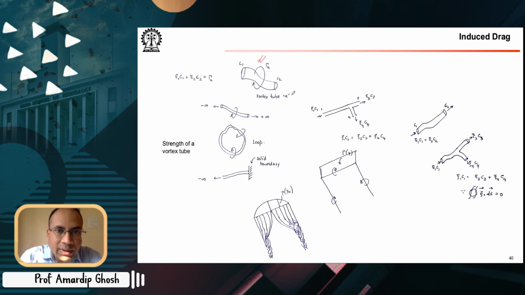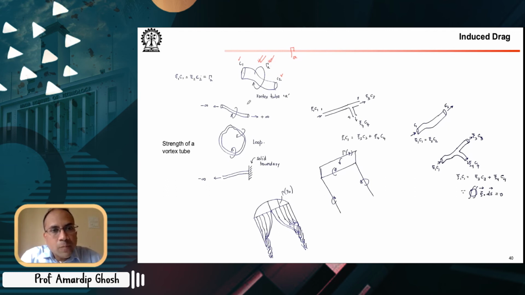I'm calling it A. A vortex filament would just be that your C tends to 0. So here C1 and C2 are finite, and this is a vortex tube of some strength given by the circulation, gamma A. So this is a vortex tube whose one end cross section is C1, the other end cross section is C2, and the strength of that vortex tube is given by gamma A.